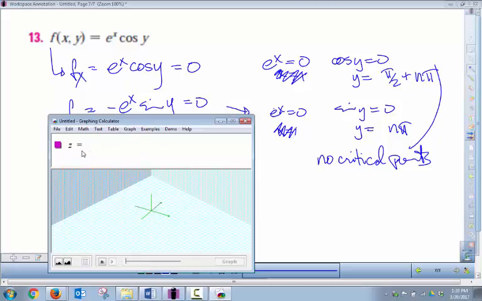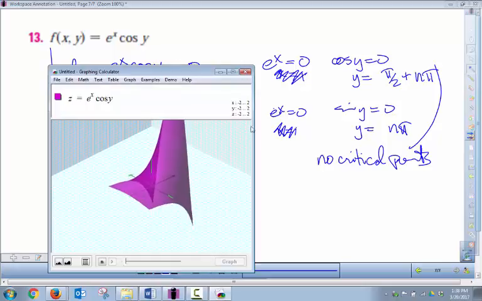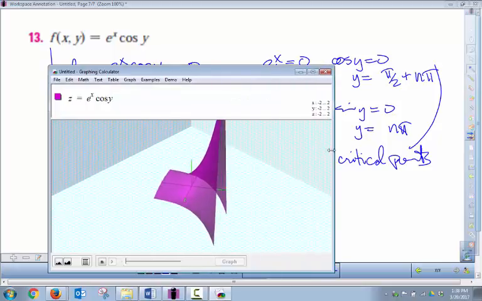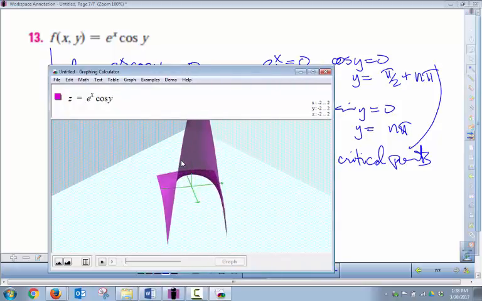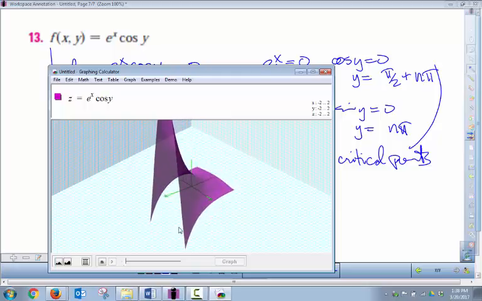So it's e to the x power times cosine of y. As it extends further out, it looks like it still will not attain a local max or minimum.